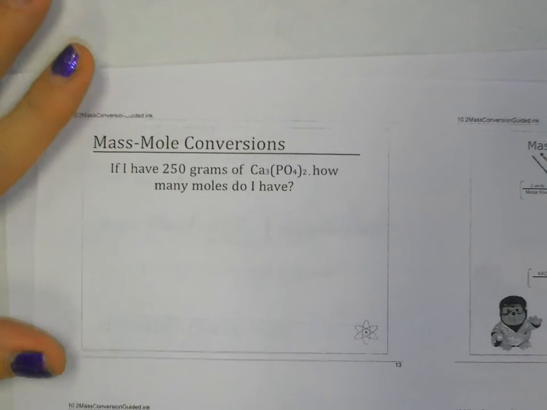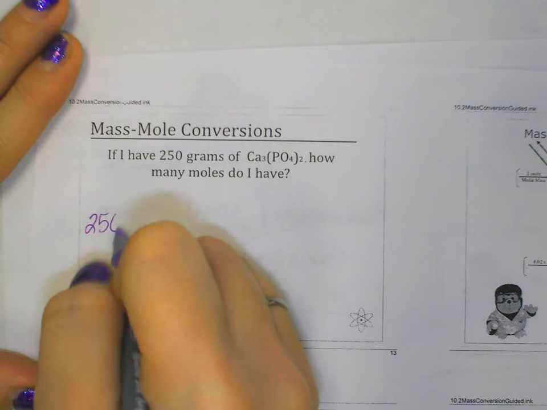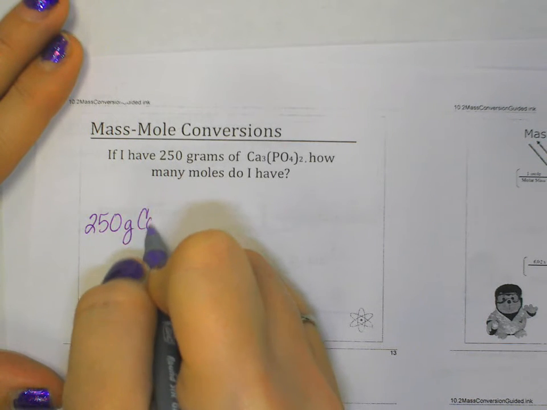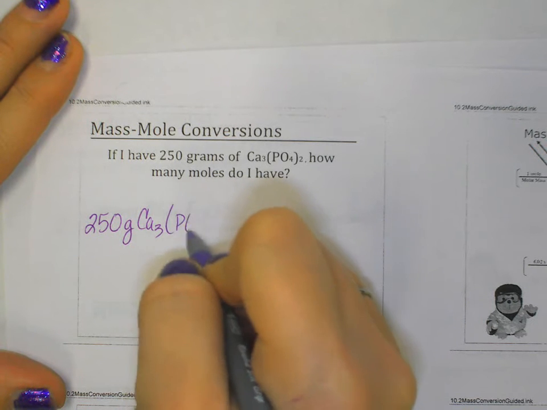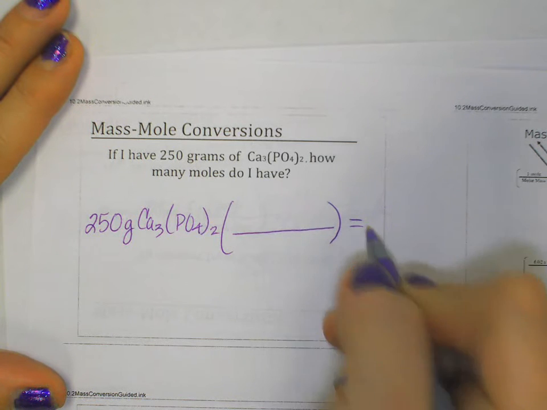The last problem I want to do with you is the opposite of that, which is to take grams and convert it back into moles. So now I have 250 grams of calcium phosphate that I want to switch into moles.